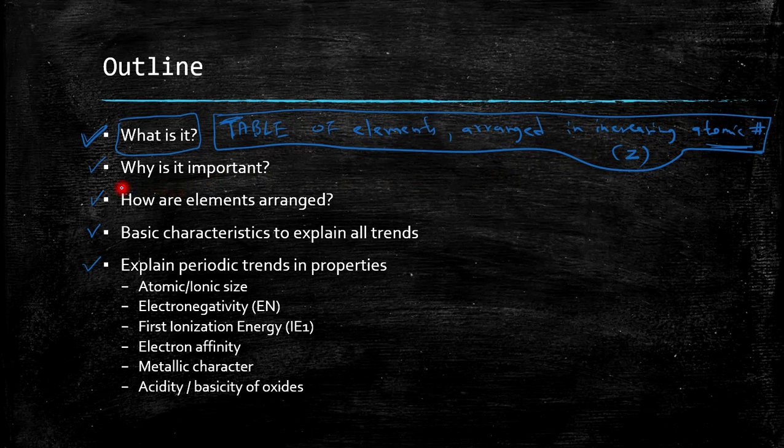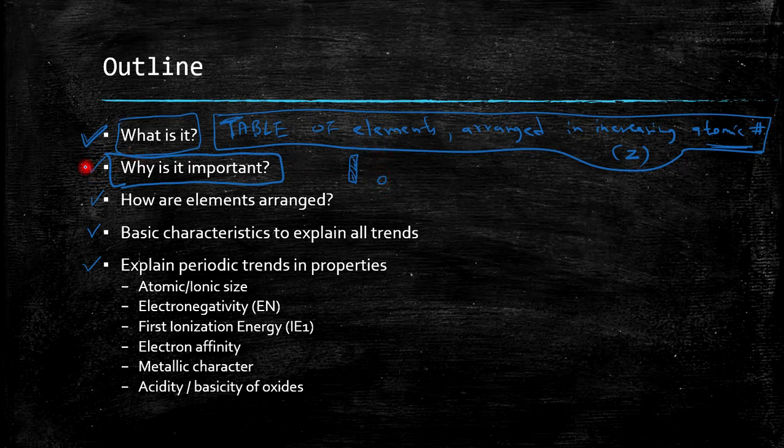Why is this important? Because this helps us to understand the properties of the elements. All the elements which have similar properties will fall in a vertical column called a group. It also helps us to predict undiscovered elements: just by noticing which group it is falling in, we can predict that there would be an element that potentially can be discovered which belongs to that group.